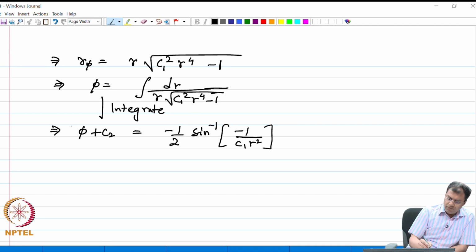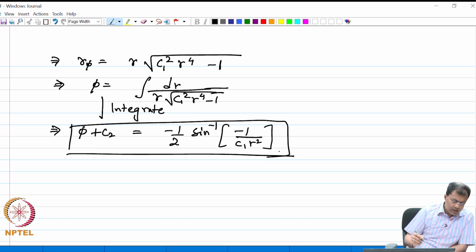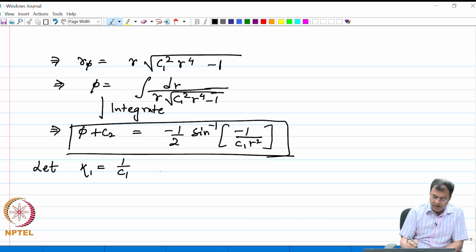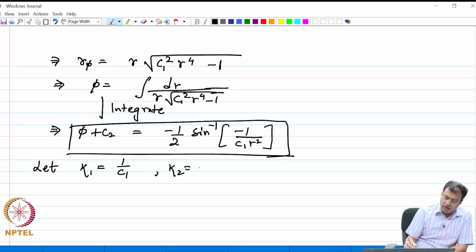Okay. So, the extremal is in this form, although it is not clear what is the form of this extremal directly from this expression. So, we do a little bit of simplification, we assume another set of constants. So, let new constant κ1 be 1 by C1 and my constant κ2 is minus 2 C2, right.